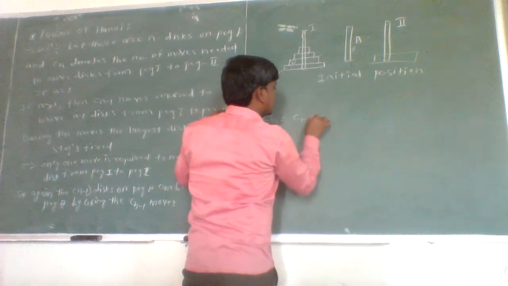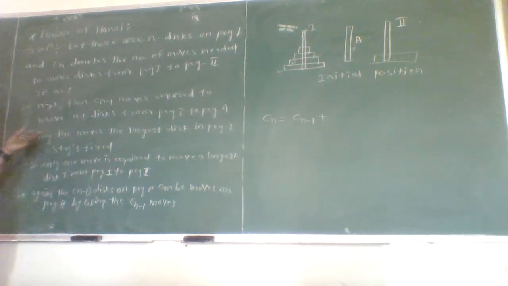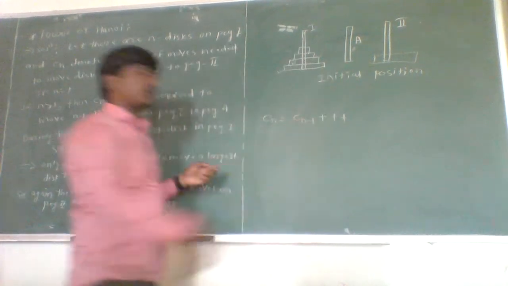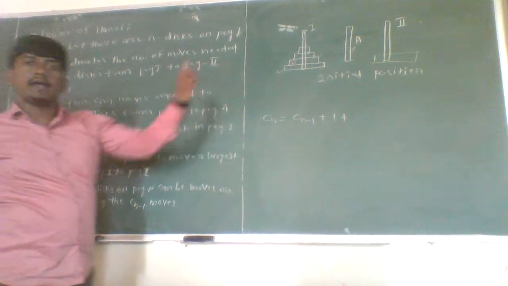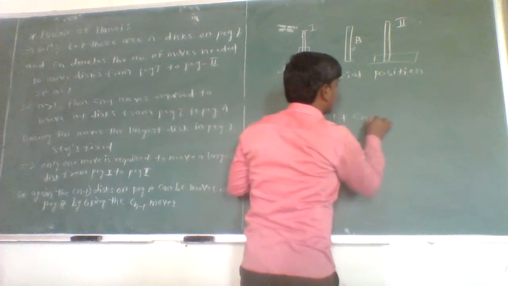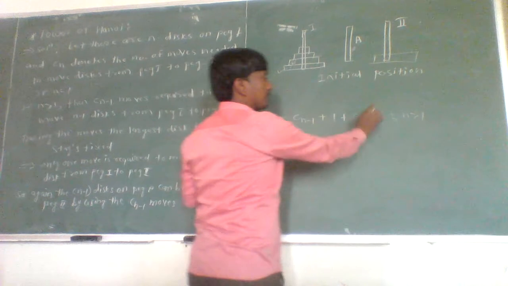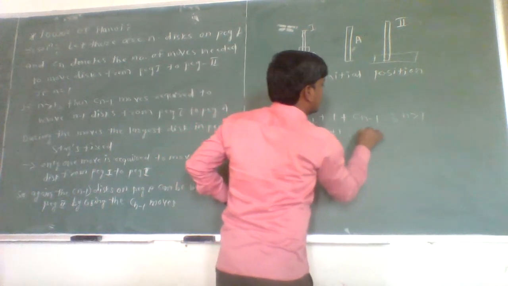That is Cn minus 1 plus 1, one move for the largest disc moving from peg 1 to peg 2, plus finally Cn minus 1 moves to move the discs from peg A to peg 2. That is Cn minus 1 plus 1 plus Cn minus 1, which equals 2 Cn minus 1 plus 1, where n is greater than 1.